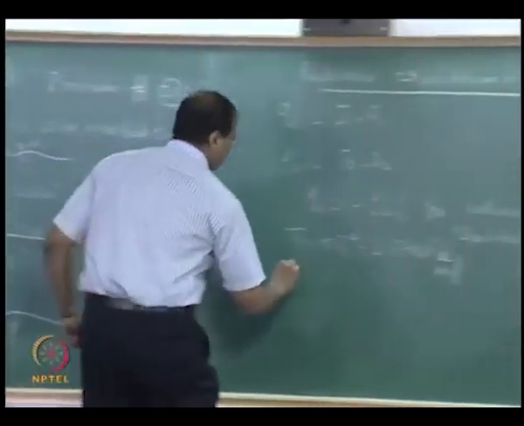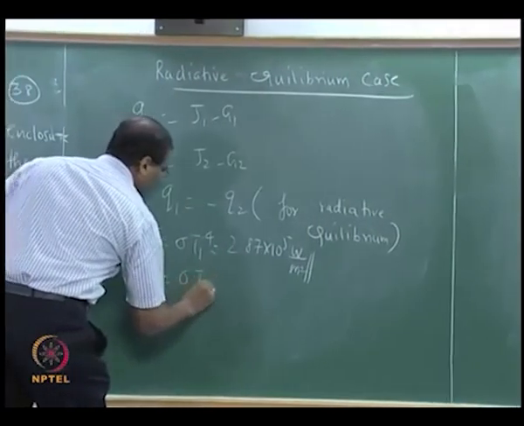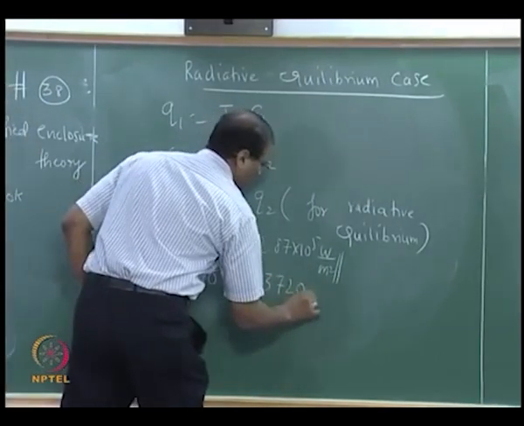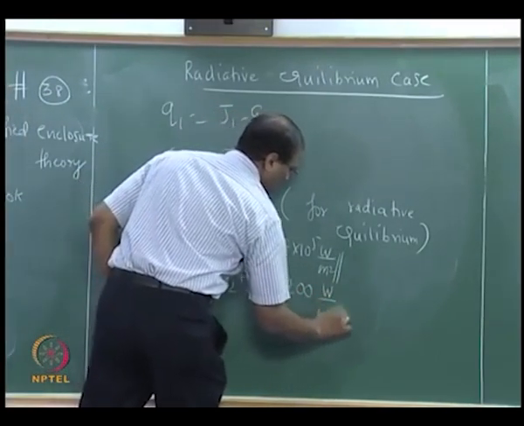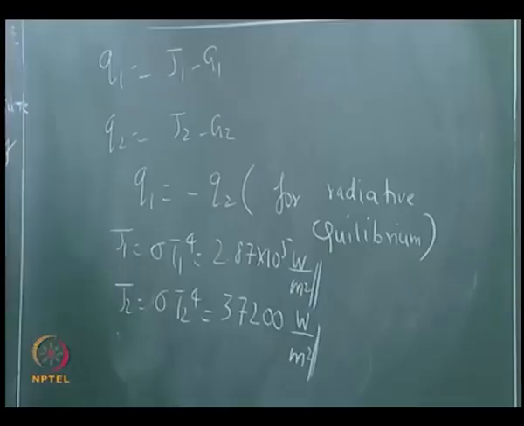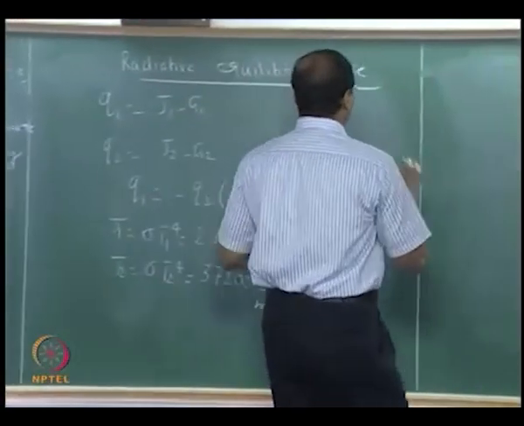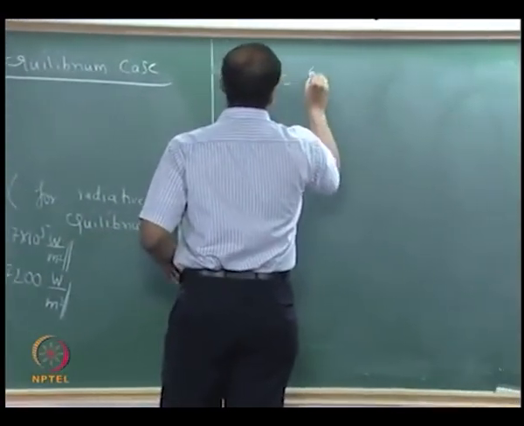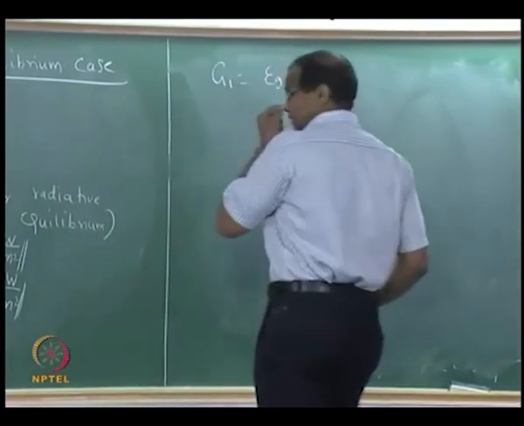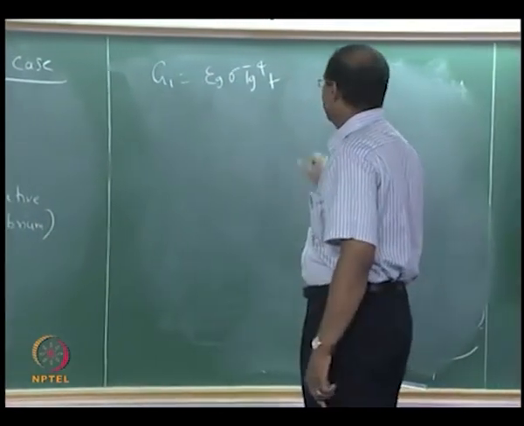Okay, J2. So, J1 and J2 are known. What is G1? Plus F12.